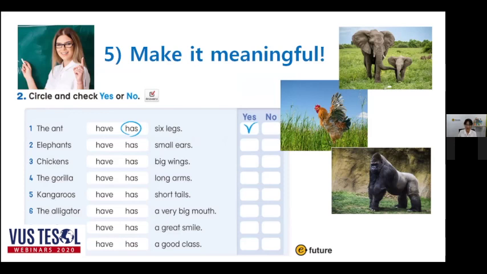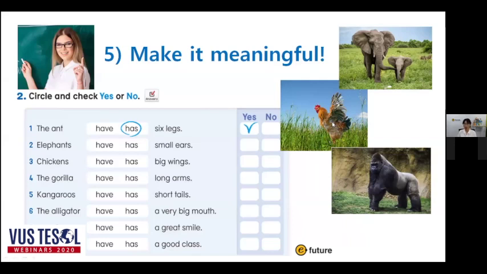Okay. Should we try one more? Let's try number 3. Chickens has big wings. Chickens. So there's an S, more than one. So you circle have. Chickens have big wings. Do they have big wings? Yes or no? Let's look at this picture. I think they have big wings. Look at this wing.